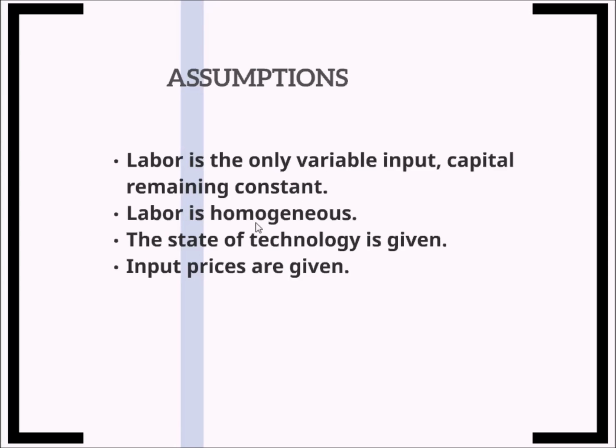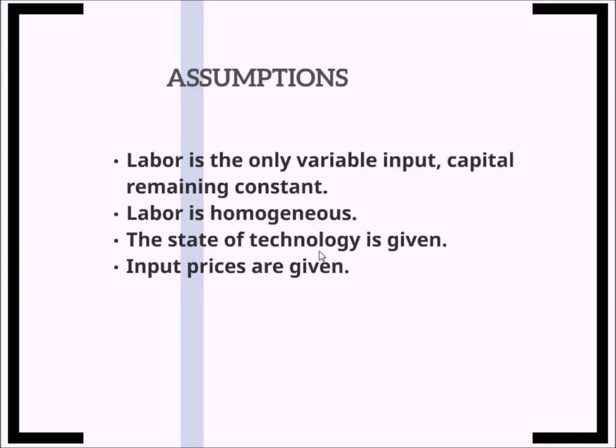Labor is homogeneous, means whatever skill one labor is providing, all the other labors have the same skill, so their efficiency is the same. So the total productivity goes down not because of the efficiency of the labor, it is because we are employing more and more of variable inputs to fixed inputs.